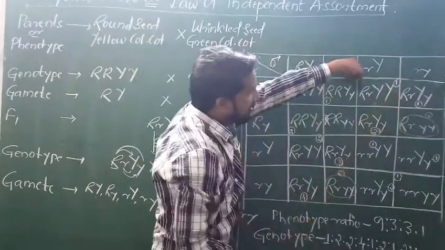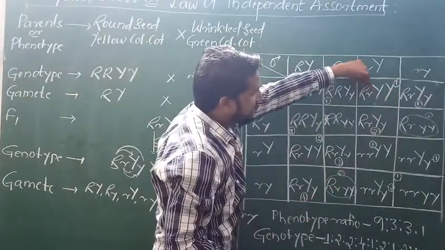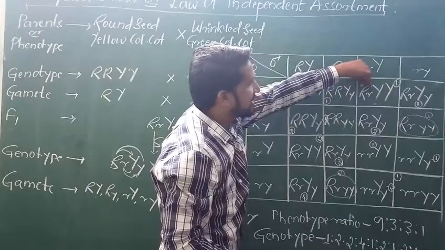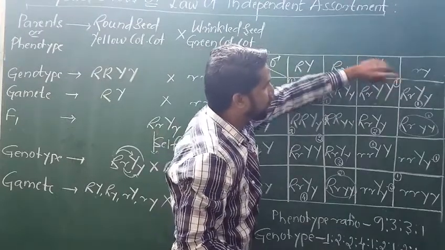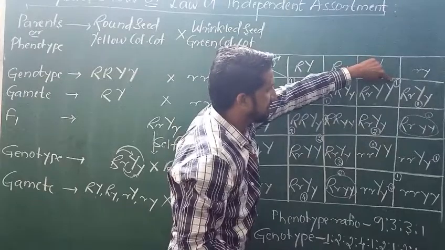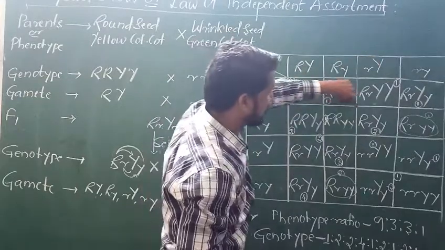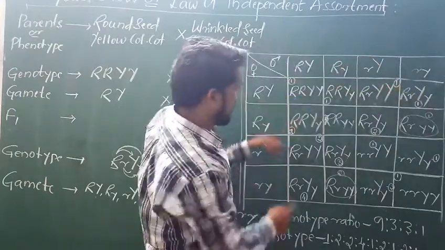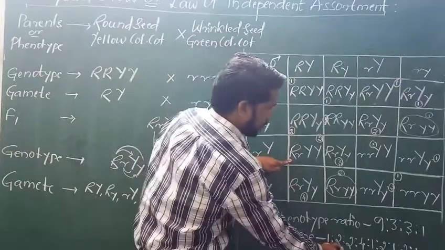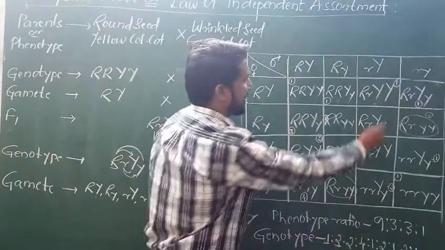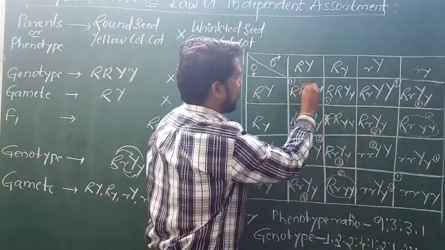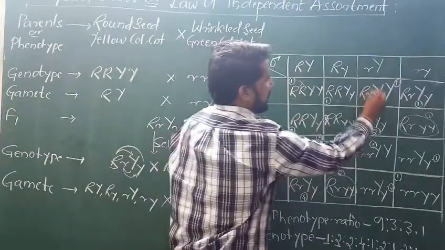What is that? Capital R, small r means round color heterozygous condition, but yellow color cotyledon is homozygous condition. That is the one. And here it is not there. Here this one, so 2. Understand? This is over now.